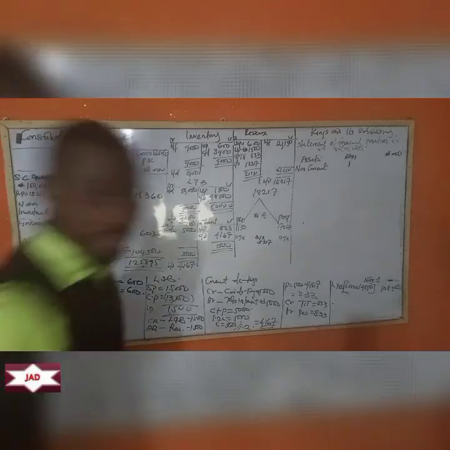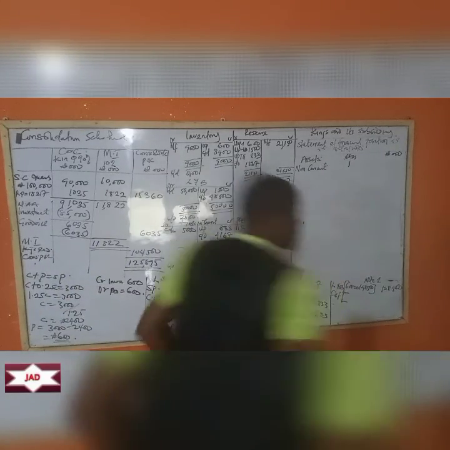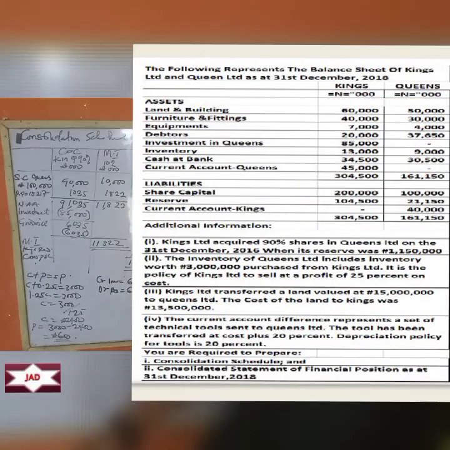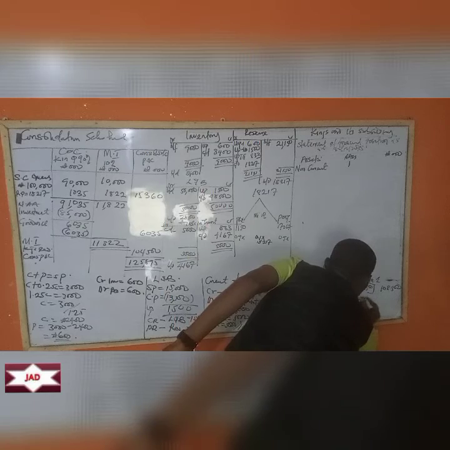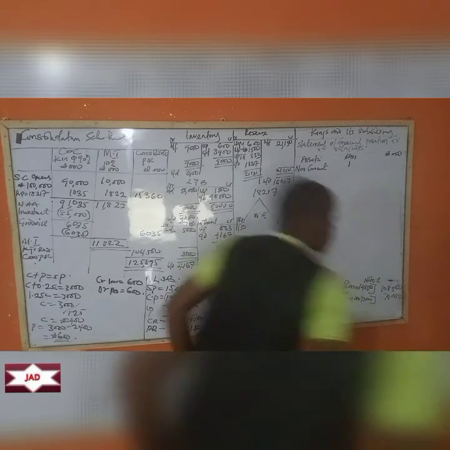What's the next one there? Furniture and fittings. What do we have there? 40,30, that's what? 70,000.